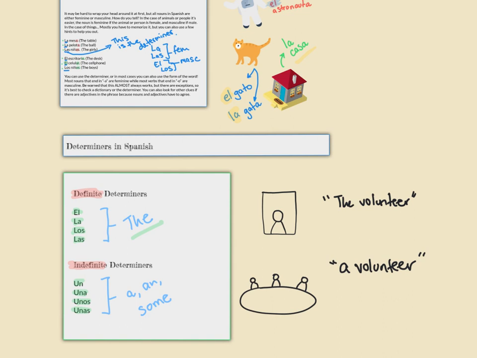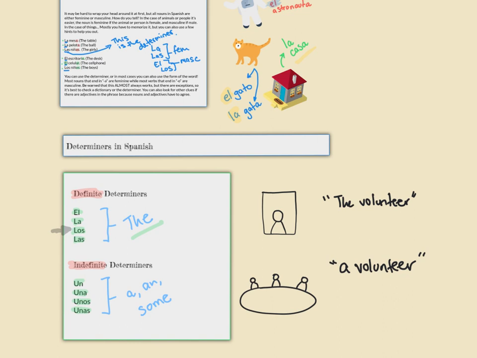Okay? So keep in mind as well that, although using the determiner to determine the gender of the noun will help most of the time, if you see something such as los right here, you might have a little bit of trouble, because los can also be used for a group of mixed people.